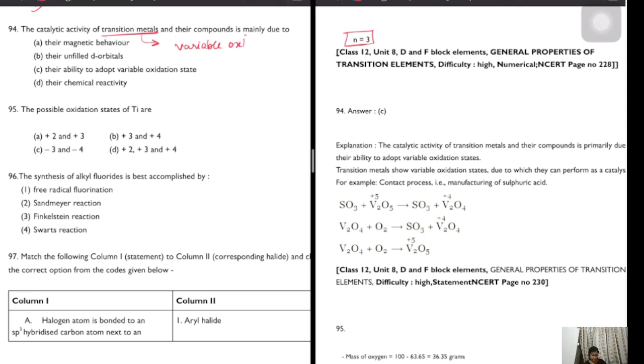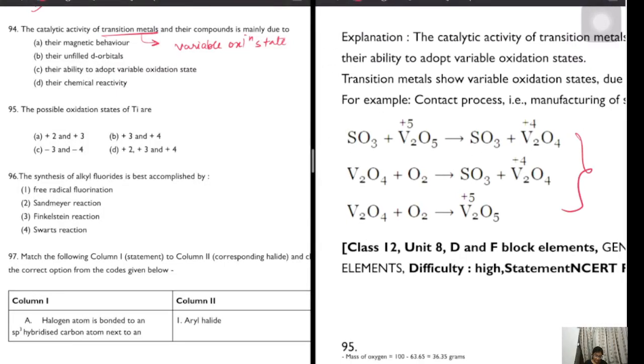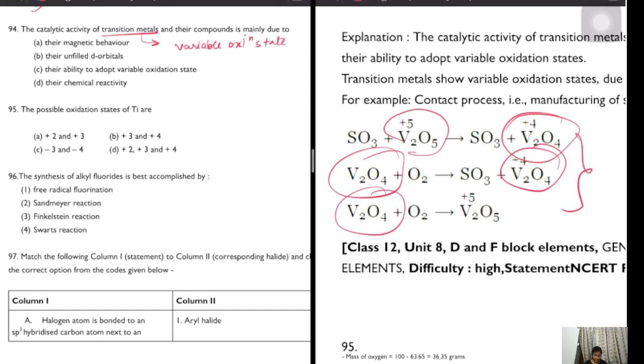They can adopt variable oxidation states. That is why they can perform as catalysts. For example, in the contact process, they have variable oxidation states, and that is why we are using them as catalysts. So the answer is C.